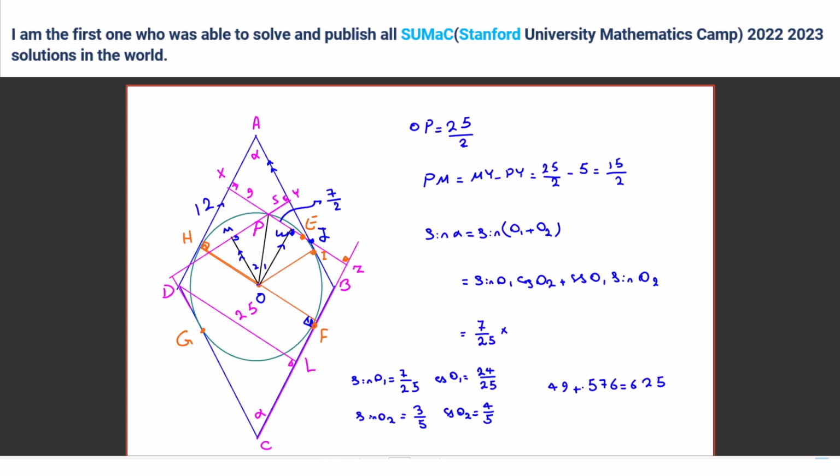Yeah. Okay. So 7 over 25 times 4 over 5 plus 24 over 25 times 3 over 5, right? Yes. 28 plus 72 is what? 100 over 125, so 4/5.